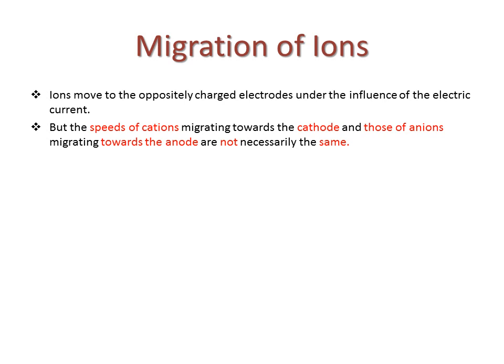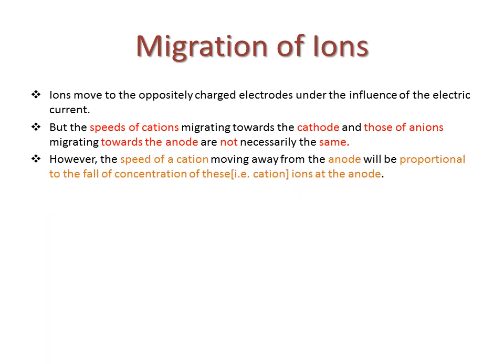Now, as far as the speeds of cations and anions are concerned, the speed of cations migrating towards the cathode, that is the negative terminal, and that of anions migrating towards the anode are not necessarily the same. In some cases the speed of cations is larger than that of anions.